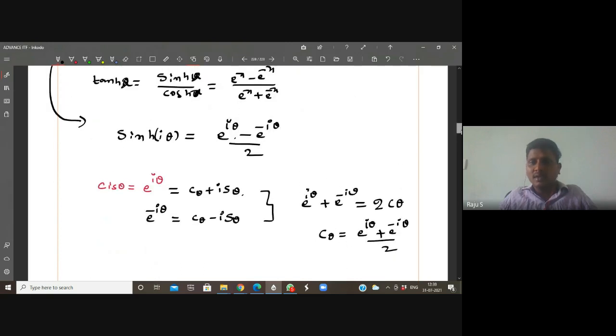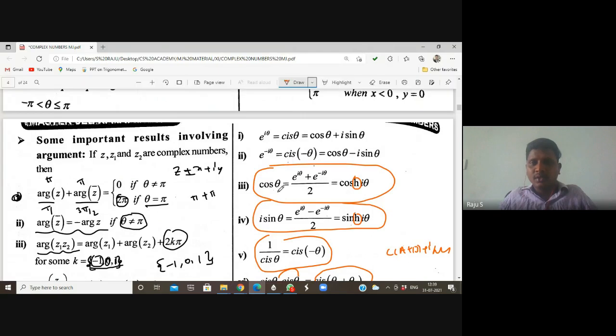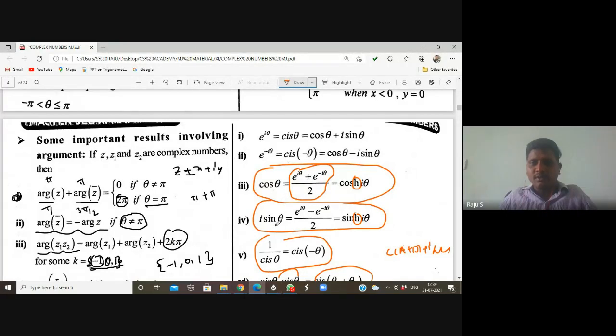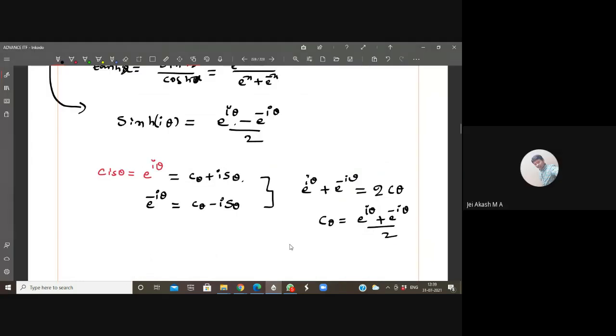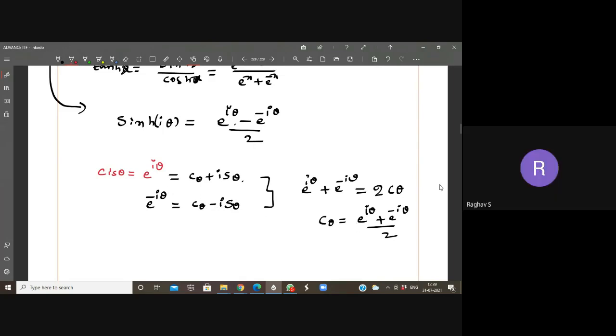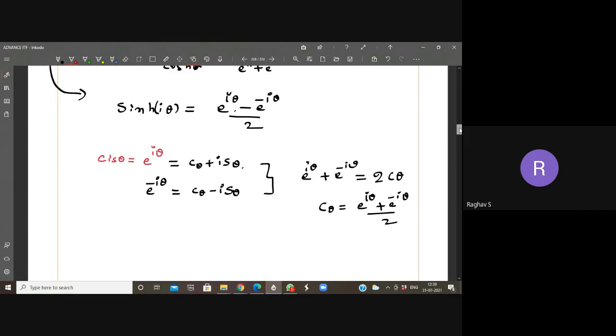So see here, cos θ value, whether we are getting it or not. Yes, we proved cos θ. A student asks: the bases are the same, so can we simplify the powers?